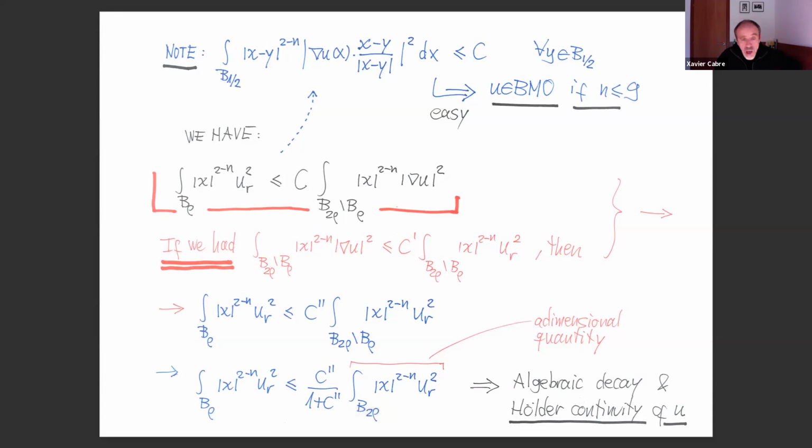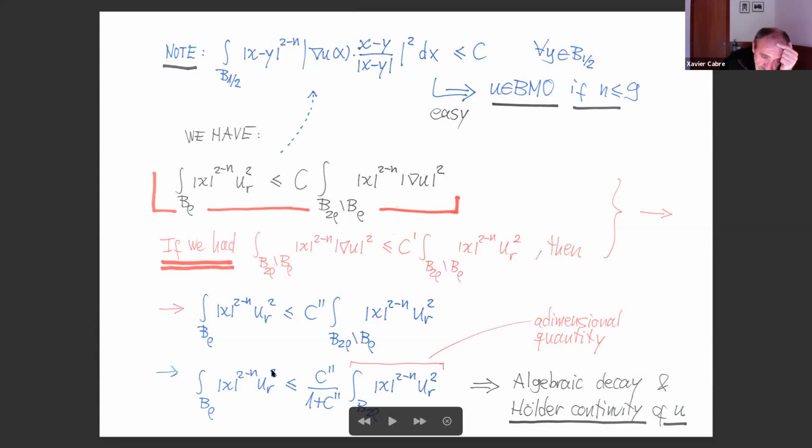Because note that this quantity here is adimensional. It's like an L infinity norm of U, which is adimensional. This is also adimensional because here you have one derivative square, so this has dimension -2, which kills the 2, and then the Lebesgue measure counts for dimension n, but with the -n goes away.